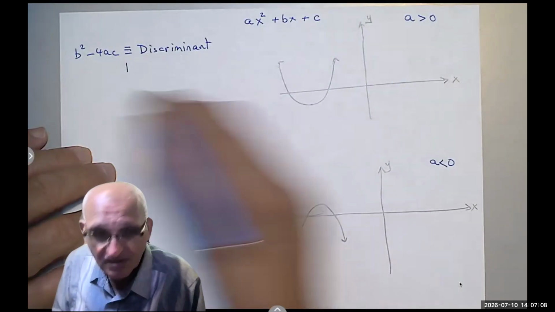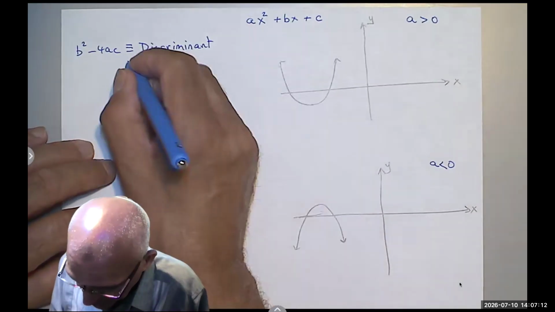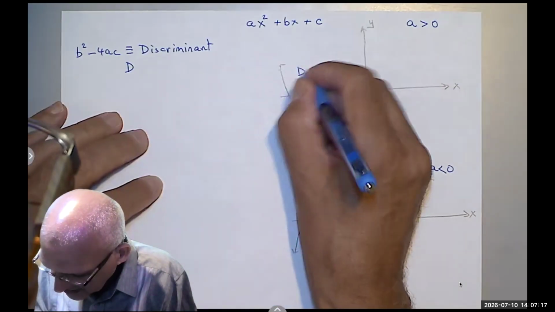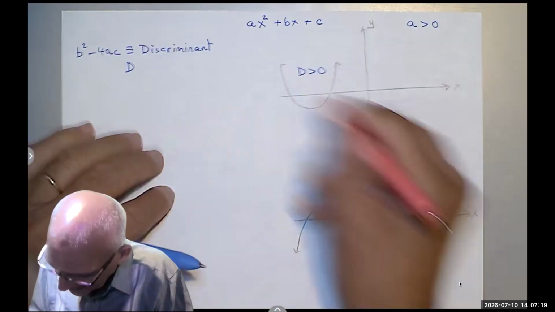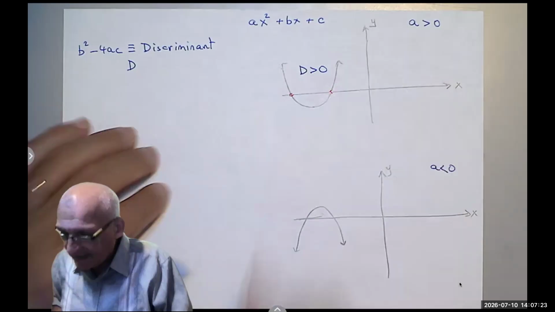For simplicity, I'm just going to say D. Here, D is greater than 0, and when D is greater than 0, you get 2 possible answers.